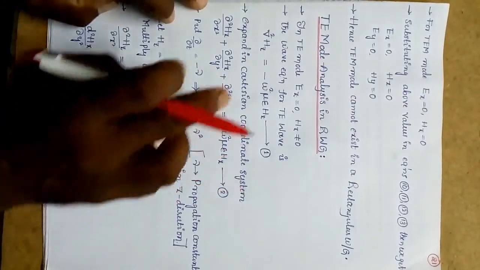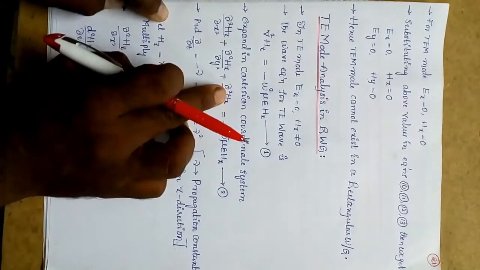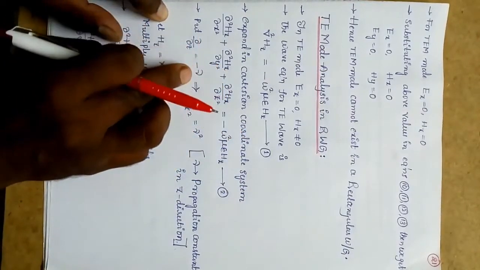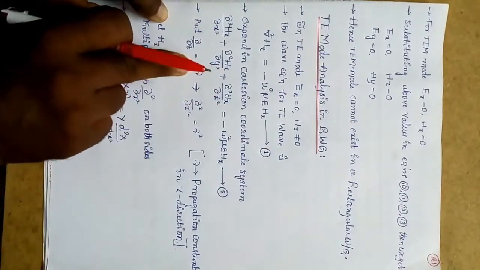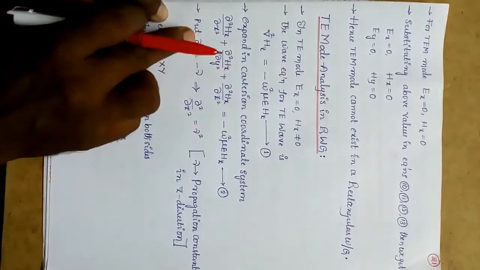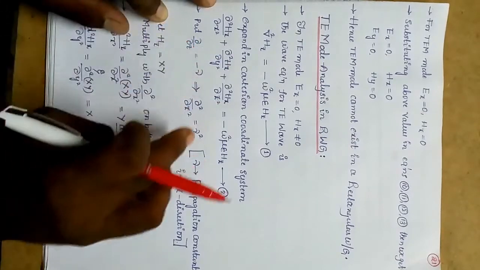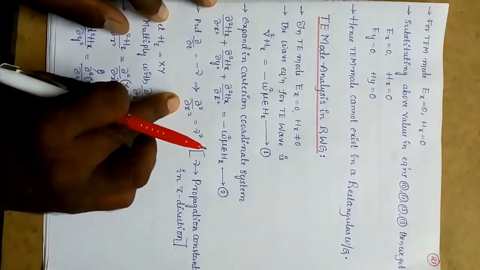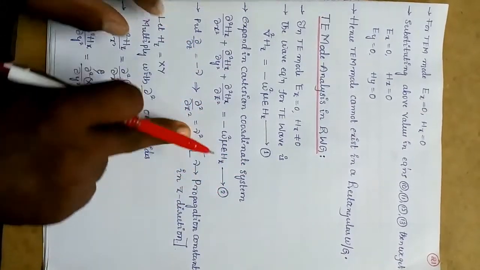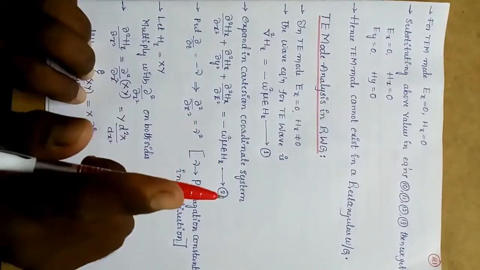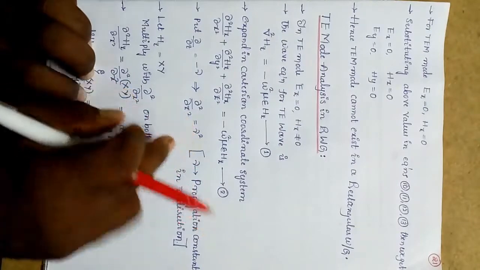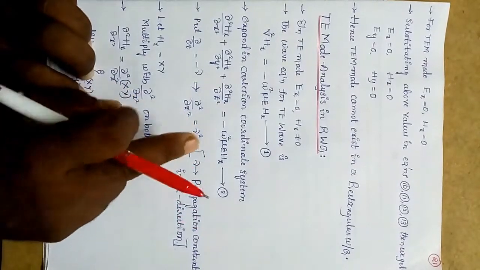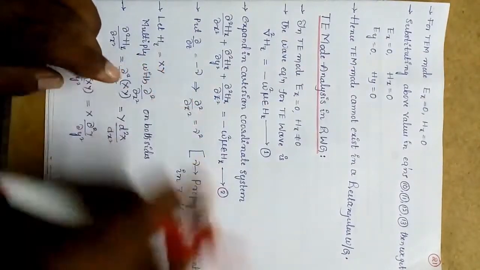Clear? In this expression, put dou by dou z is equal to minus gamma. Then squaring on both sides, dou square by dou z square is equal to gamma square. Here, remember every time that gamma is a very important parameter. Gamma is the propagation constant along the z direction.